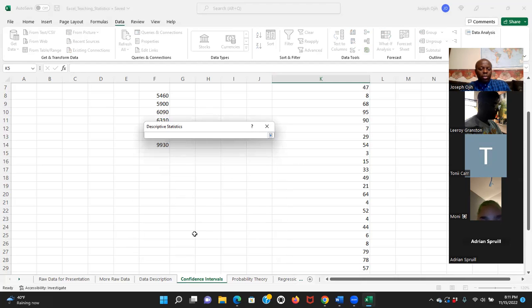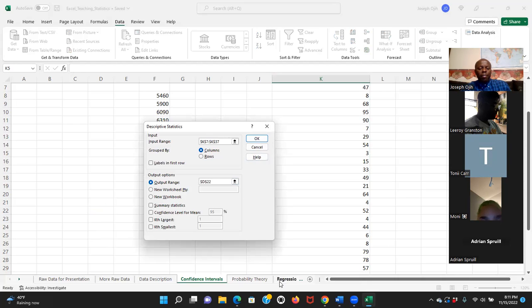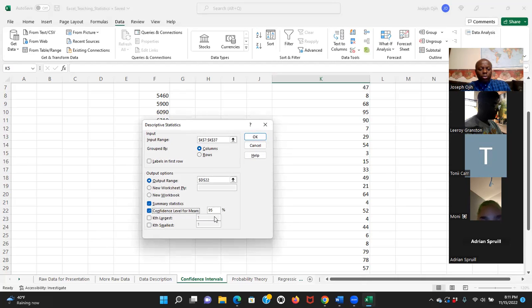I want it to be placed here. And this is, if you remember, the 90% confidence interval. I'm going to choose summary statistics. Then for the confidence interval, I'm going to choose 90%, change this to 90%. I think we're good.